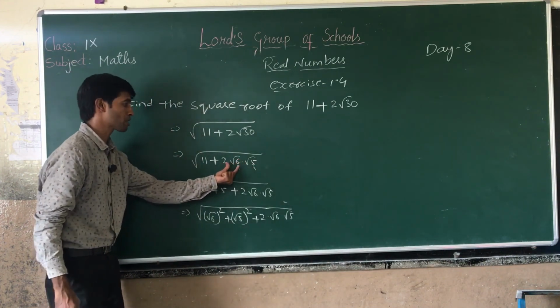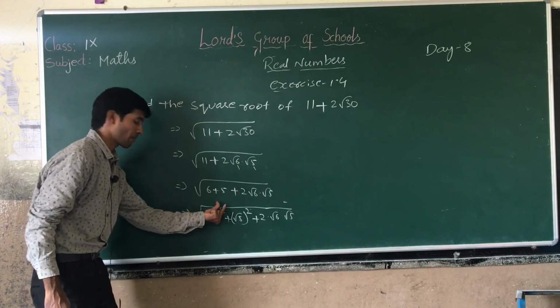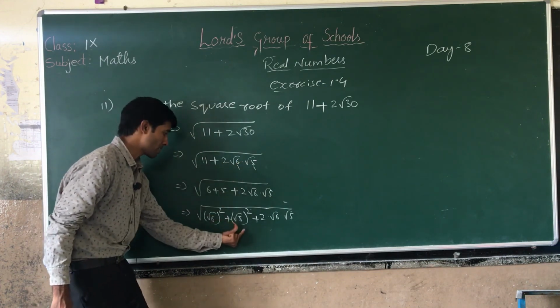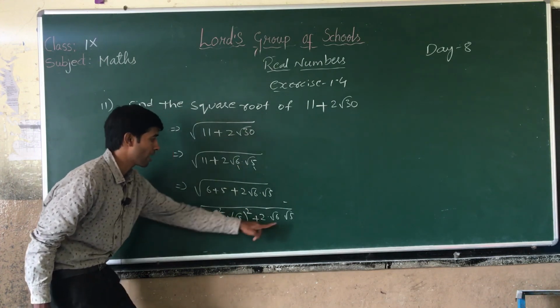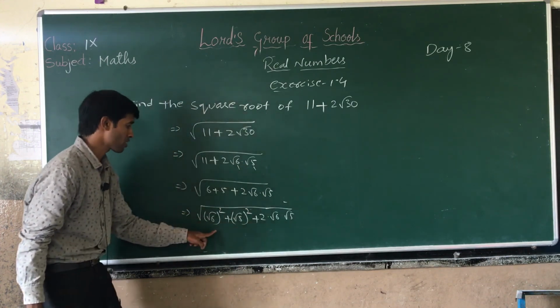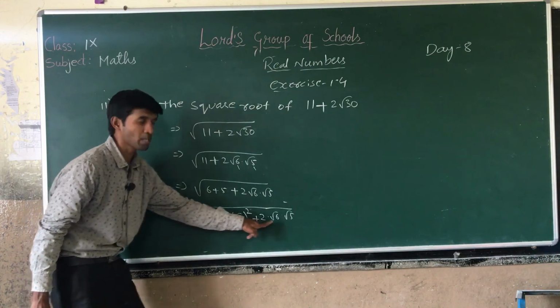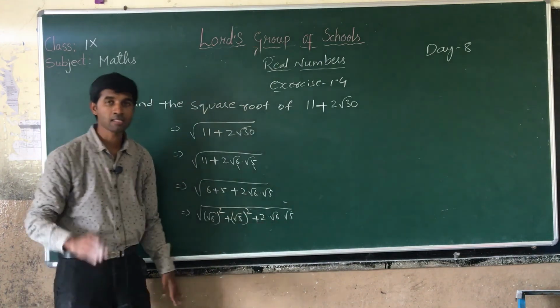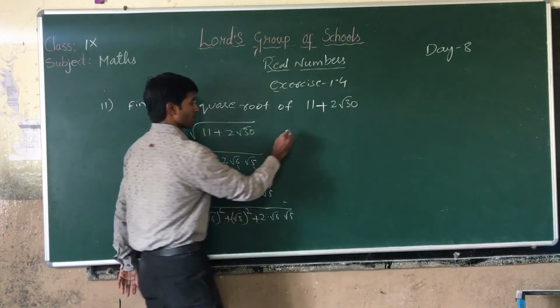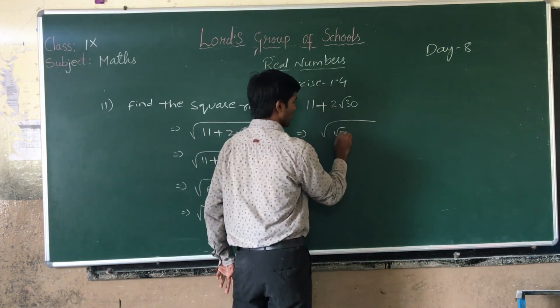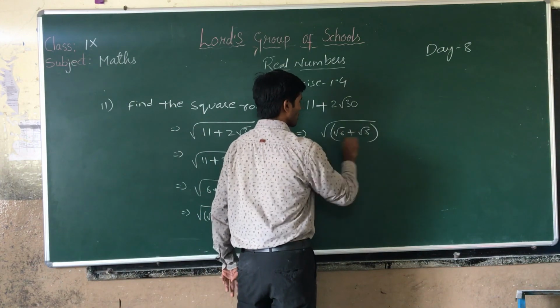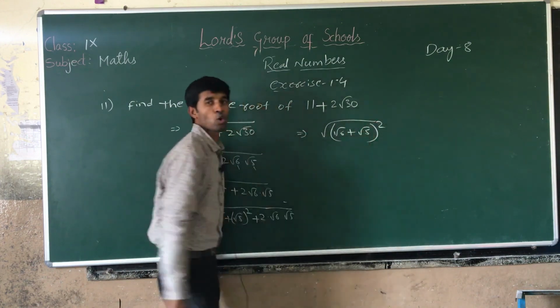So the formula of a plus b whole square is a square plus b square plus 2 into a into b, where the a value is root 6 and the b value is root 5. Now this is in the form a square plus b square plus 2ab. This can be written as a plus b whole square. So square root of root 6 plus root 5 whole square.